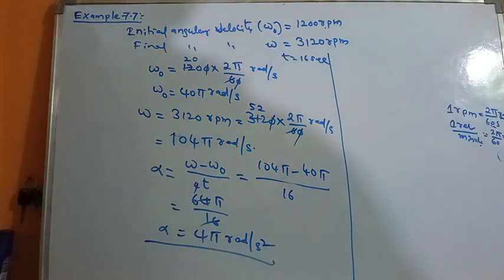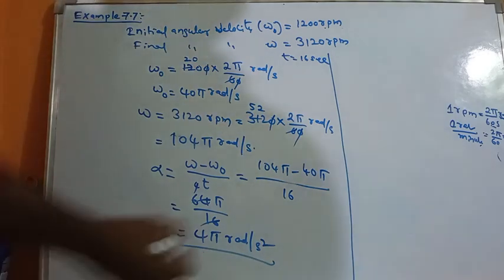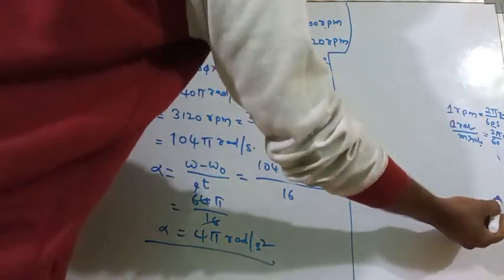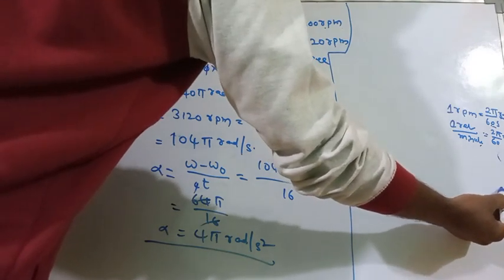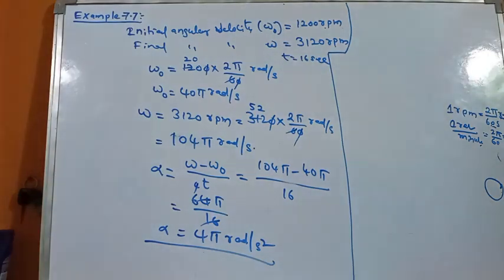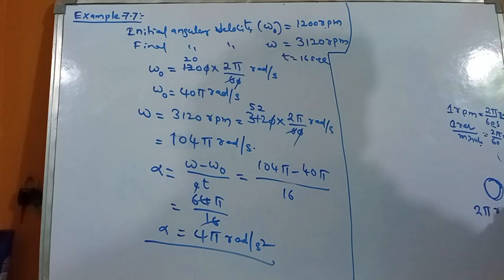Okay, so we know the angular displacement. What is the angular displacement? Suppose there is one particle. If a particle completes one cycle, then it makes 2 pi radians, 2 pi in one revolution.